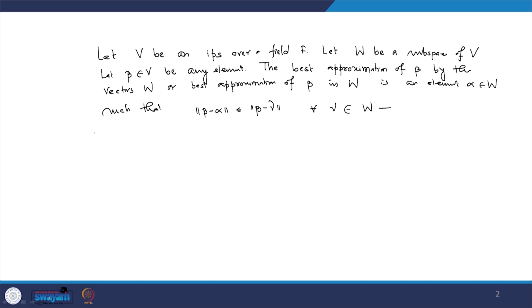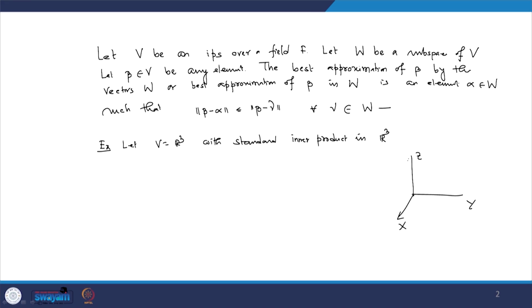Now, if I go to a concept in R3, over the space R3 with the standard inner product, let V equal R3 with the standard inner product, and consider the x axis, y axis and z axis.